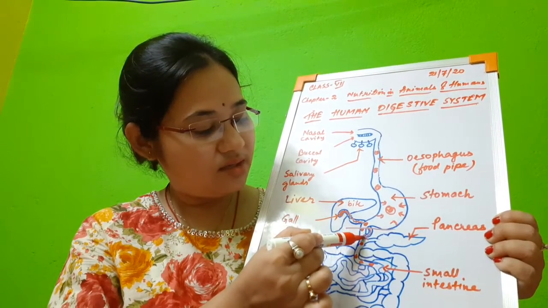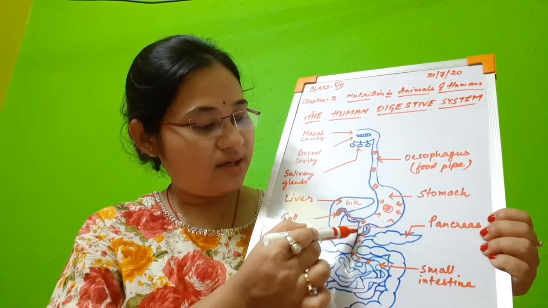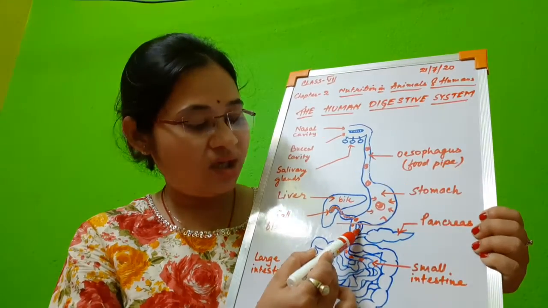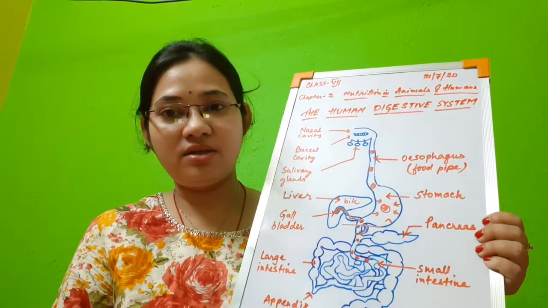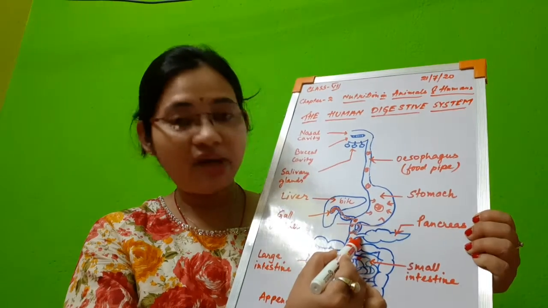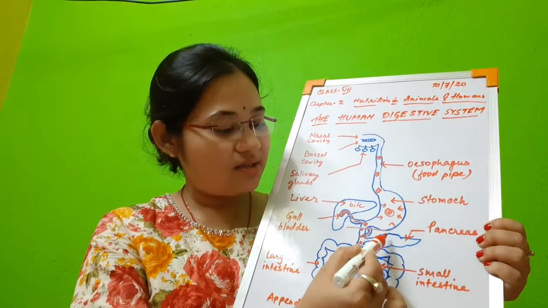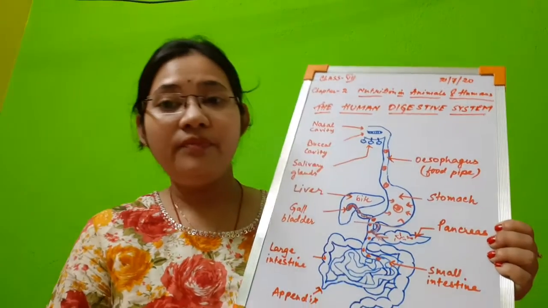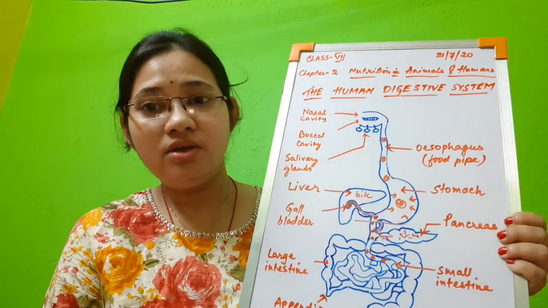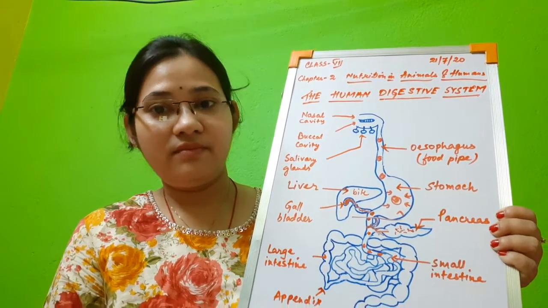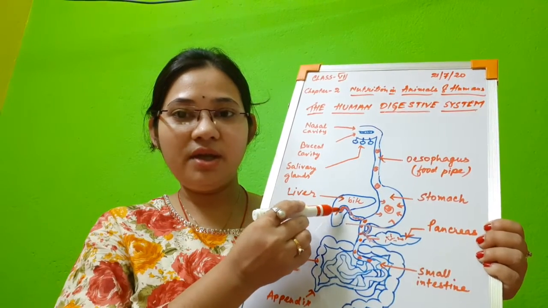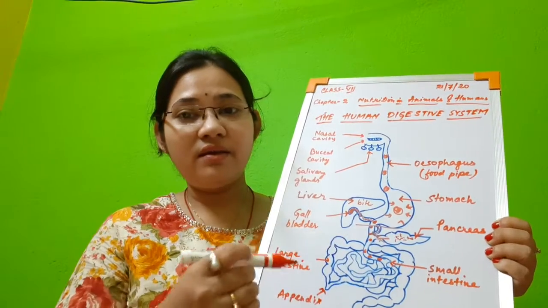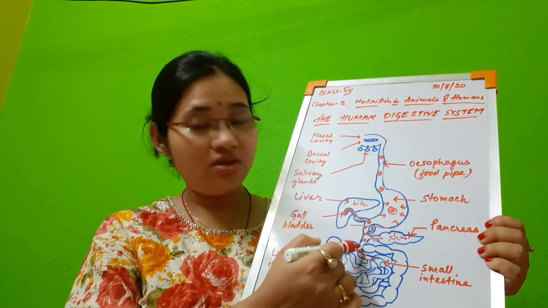So see here, in the small intestine, bile has been secreted by the gallbladder. This is called the gallbladder duct. Another duct is the pancreatic duct, which carries digestive enzymes from the pancreas, and it is also secreted in the duodenum part of the small intestine. So these two glands, the gallbladder as well as the pancreas, secrete their digestive enzymes into the duodenum.